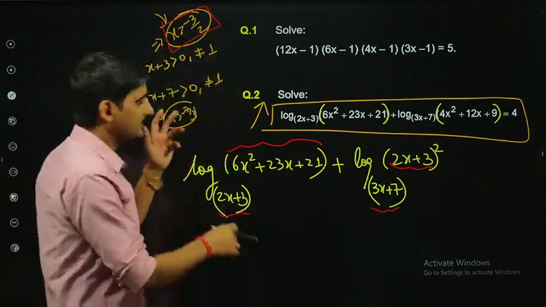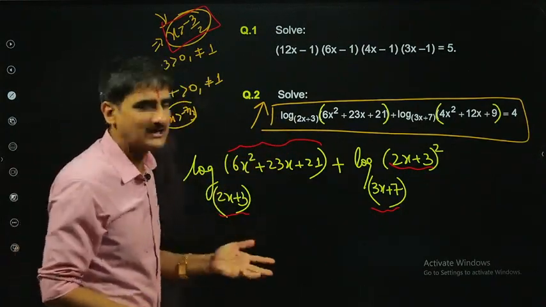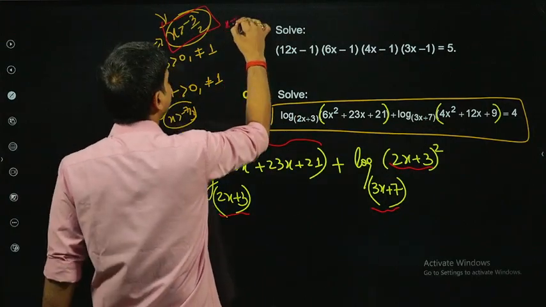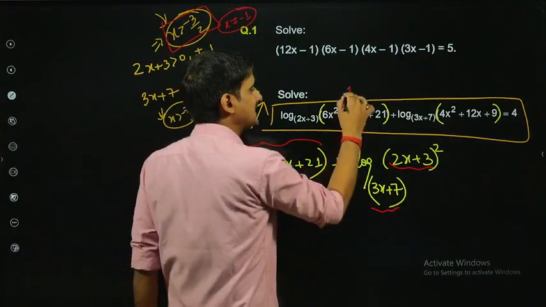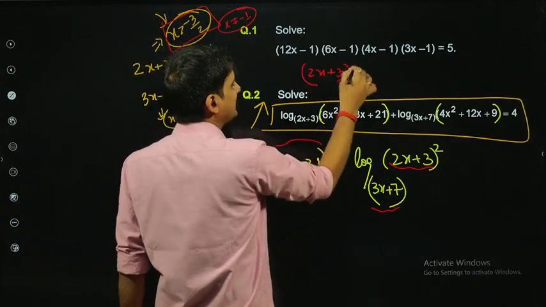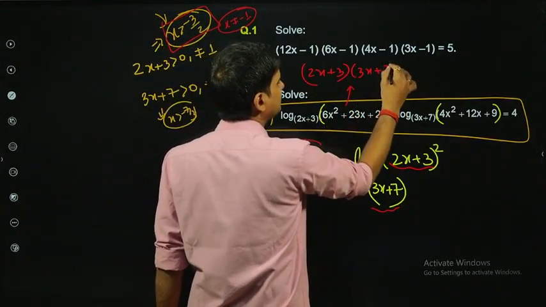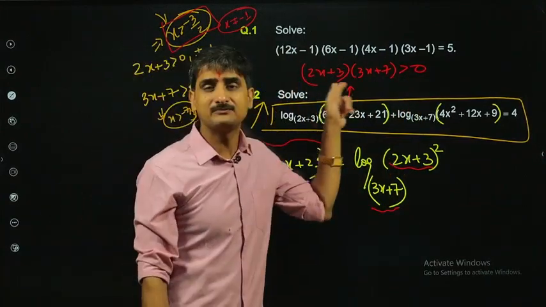Okay, and of course with that it shouldn't be 1 here, so x can't be -1. Now along with that, this has also to be positive. So (2x + 3)(3x + 7) has to be greater than 0, and we know it's an open upward quadratic.